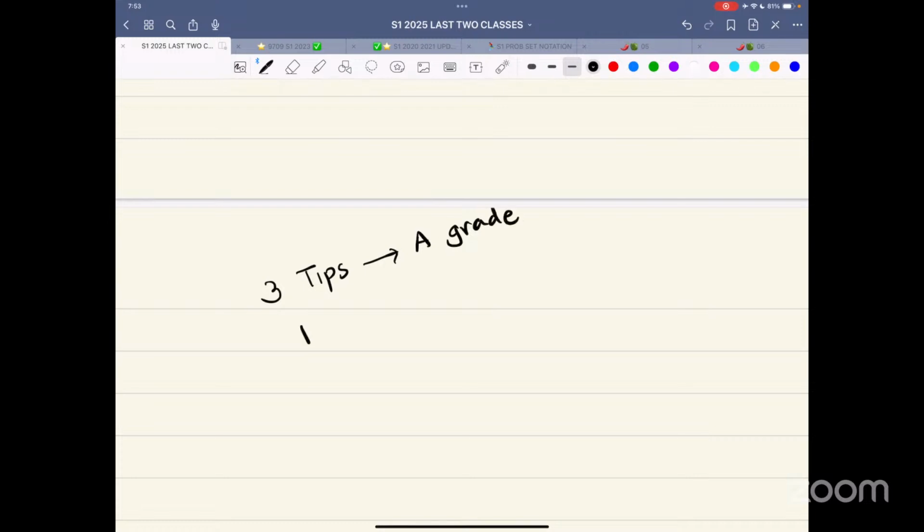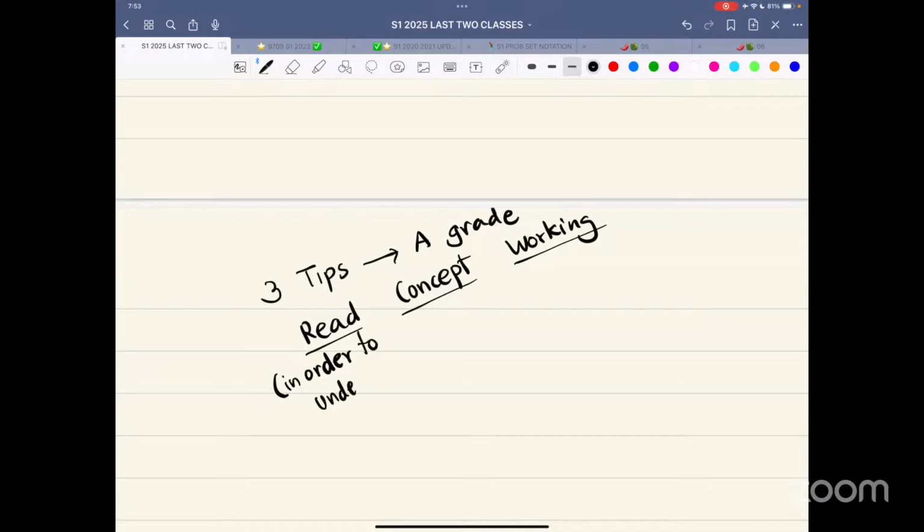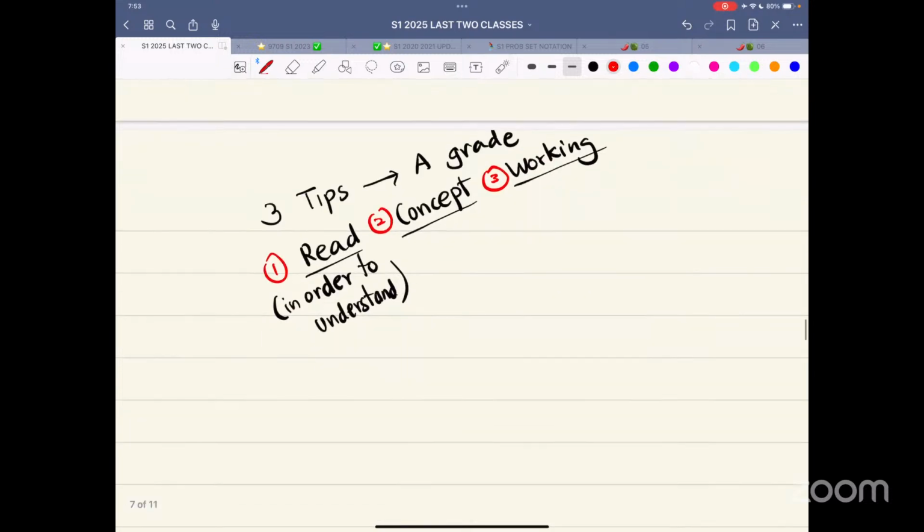So that is about reading, that is about concept, that is about working, and I'll prove this thing from the examiner's perspective. Read in order to understand. That is basic common sense. In order to understand. You can also call it analysis. So therefore, there is this one thing, reading, then the concept, then the working. These are the 3 things that I focused on.